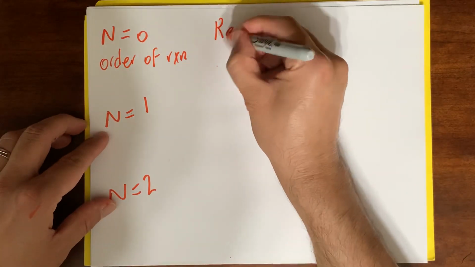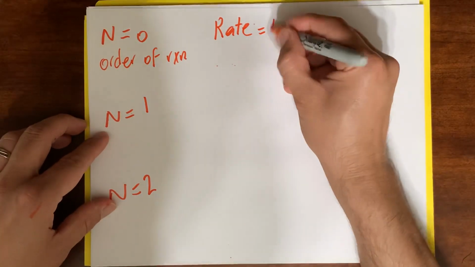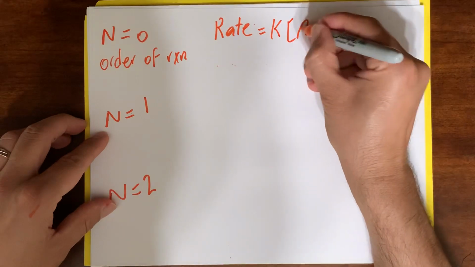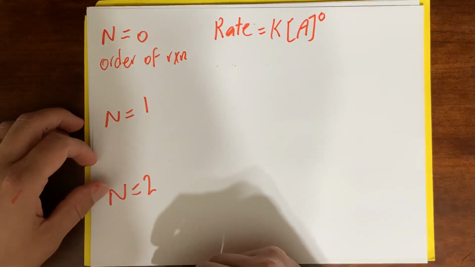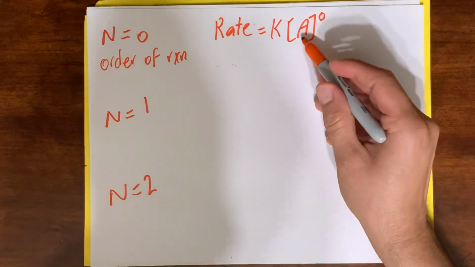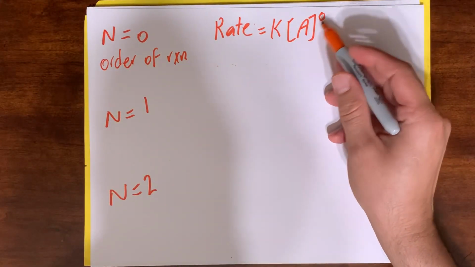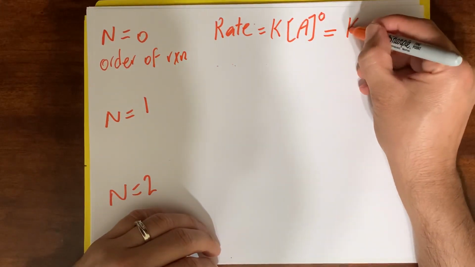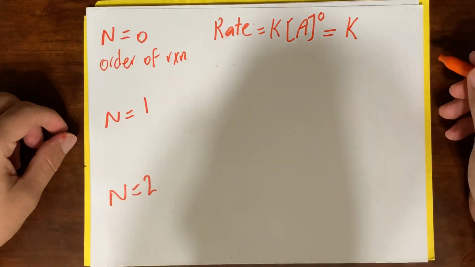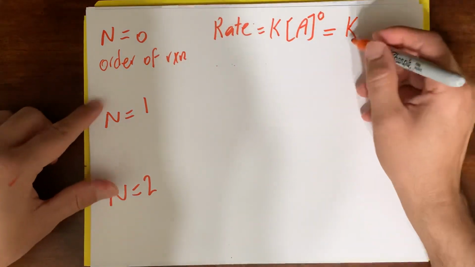When n is 0, rate law is going to be k multiply A to the power of 0. Anything to the power of 0 is going to be 1. So the rate of the reaction is going to be equal to k. That means the rate of reaction is a constant number.